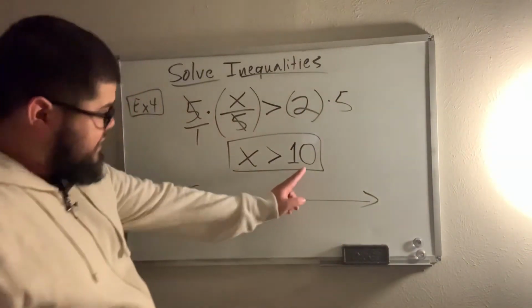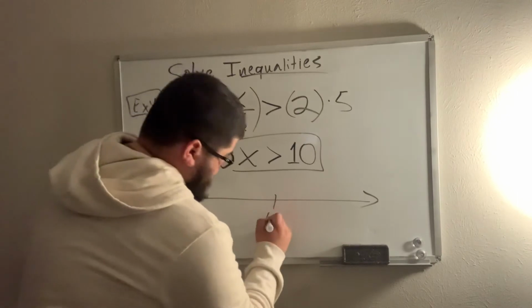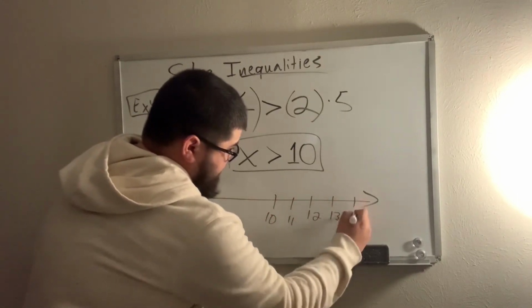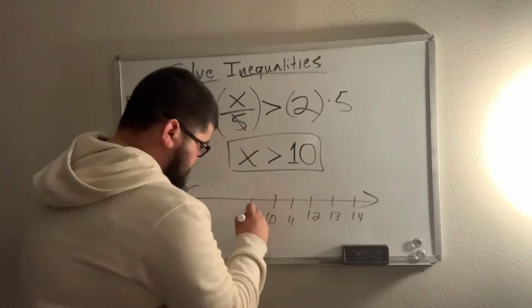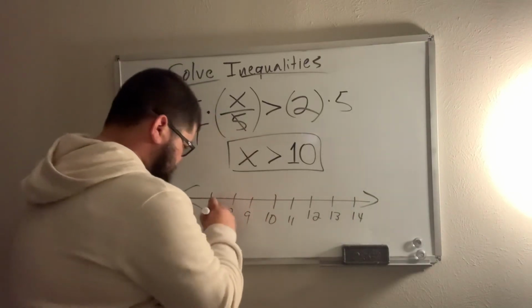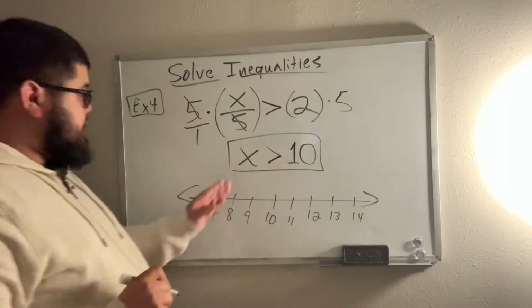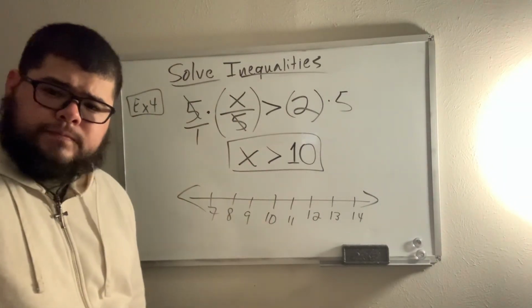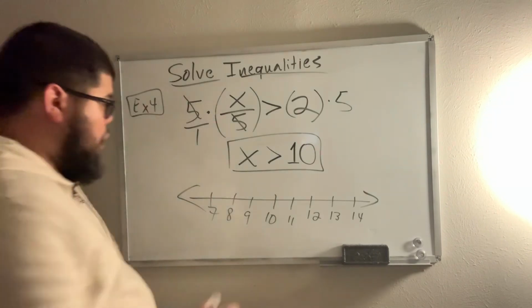We're going to start at 10 like we do, right? 10, 11, 12, 13, 14, 9, 8, 7. Okay? Now, open or closed circle? Look at our symbol. Open, right?